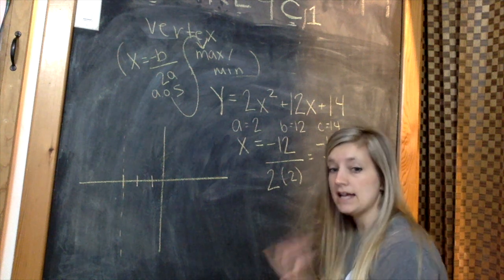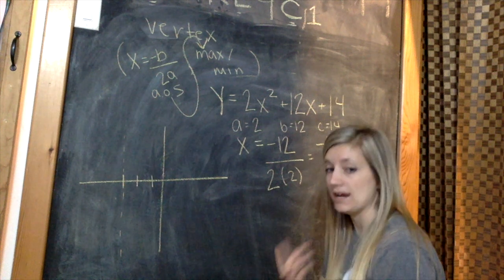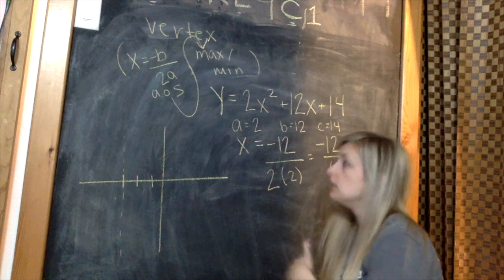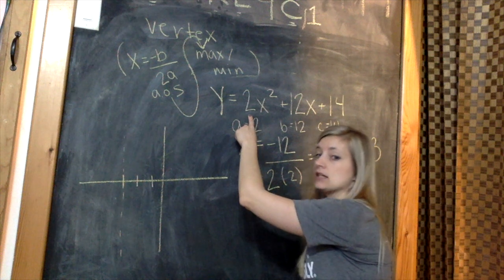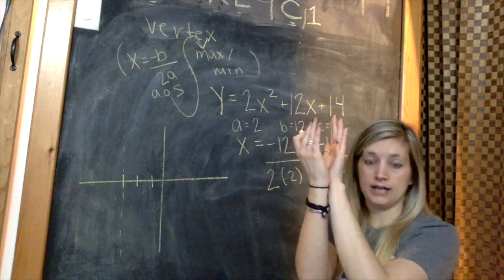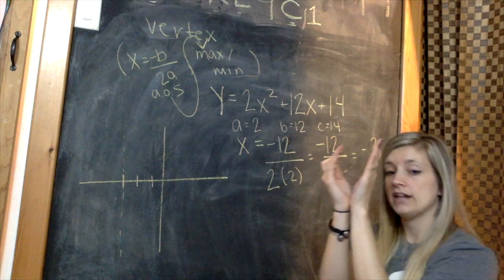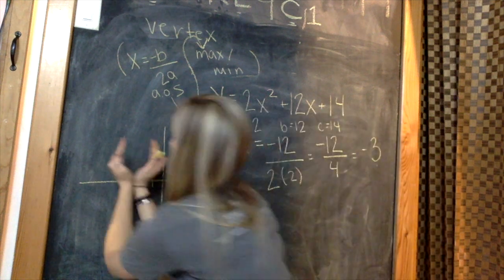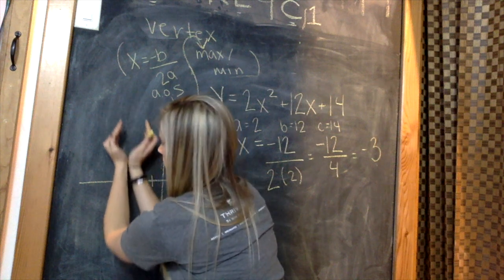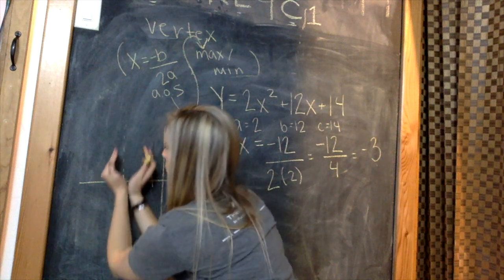So now we need to ask ourselves, are we going to find the max point or the min point? Go back to your A. If A is positive, it's concave up. So we are trying to find the min point. The question is, where does this lock in on that fold line?